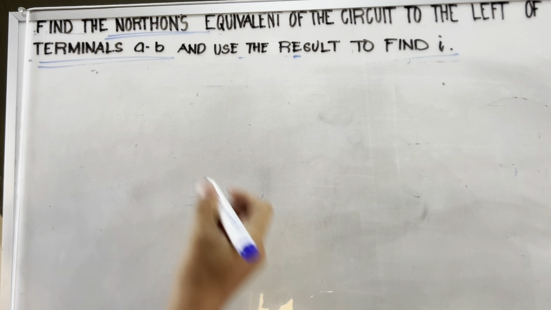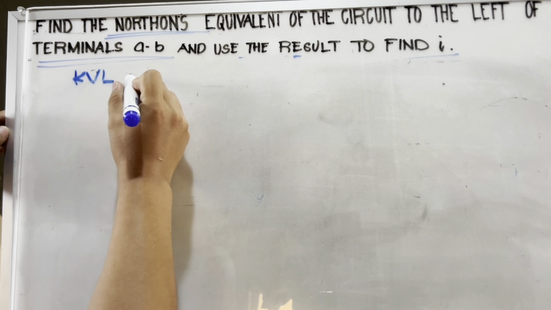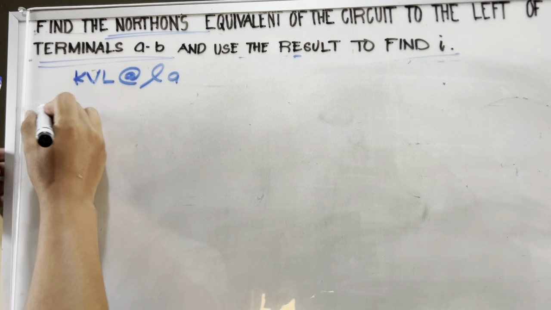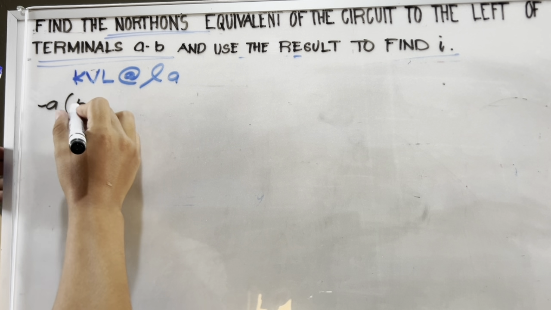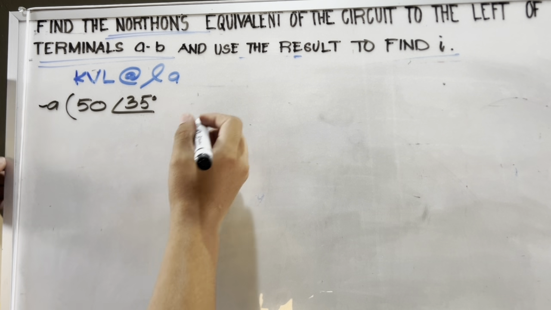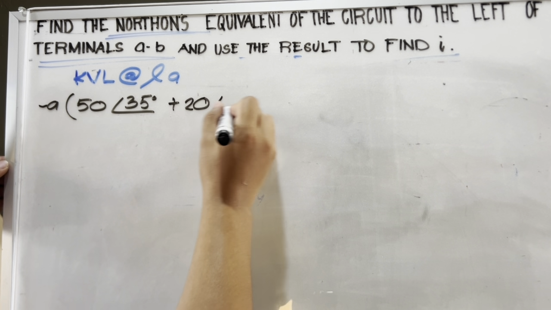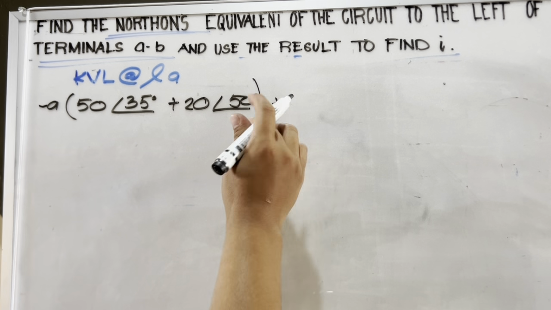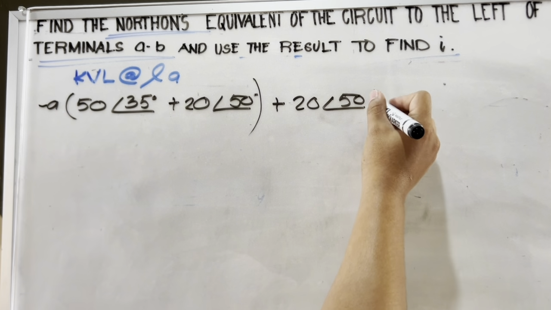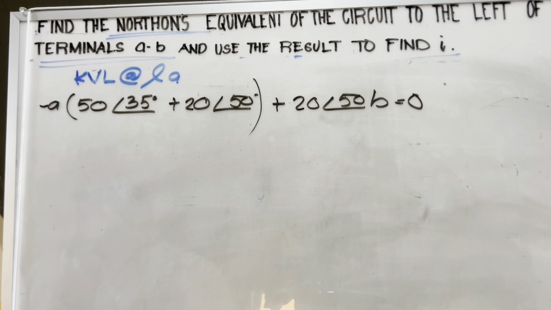A KVL at loop A: negative A times 50 angle of 35 degrees plus 20 angle of 50 degrees, plus 20 angle of 50 degrees times B is equal to 0.